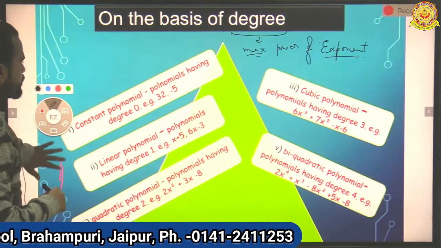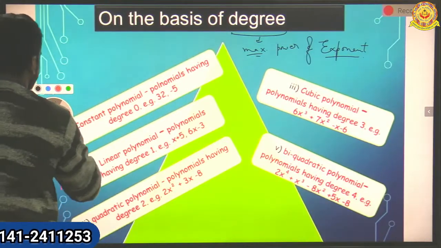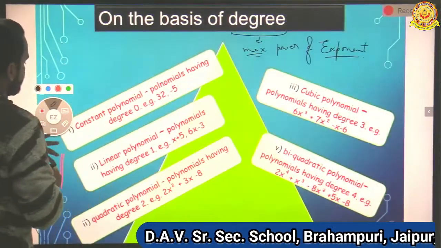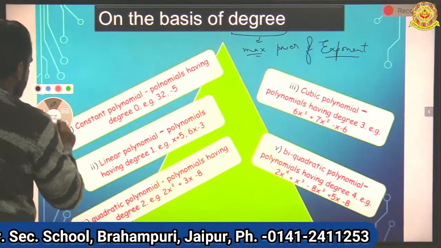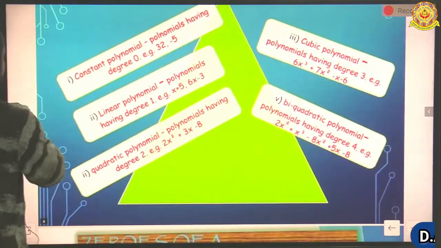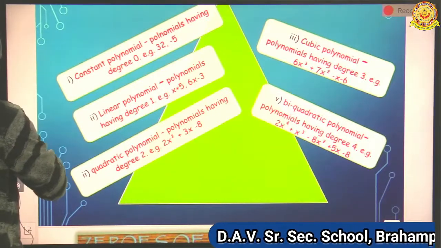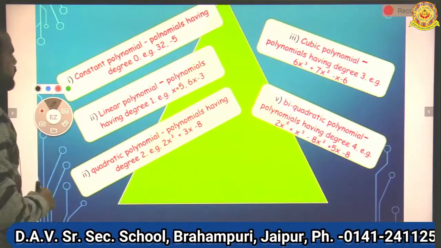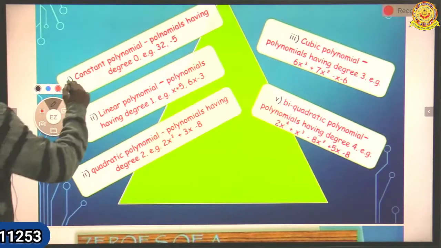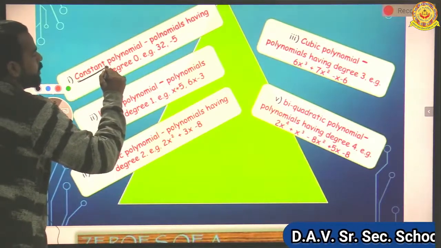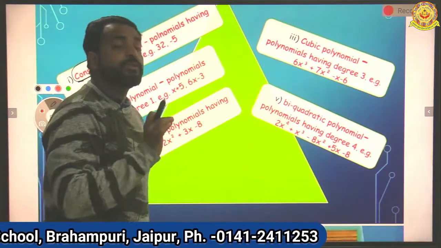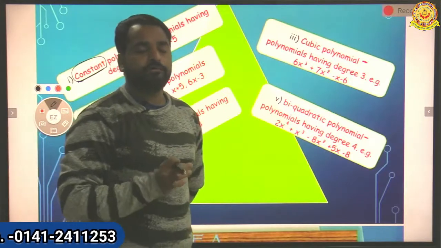Look at this situation. First, constant polynomial. We all know that constant means when anything is fixed. That means it will not change after a certain period of time.